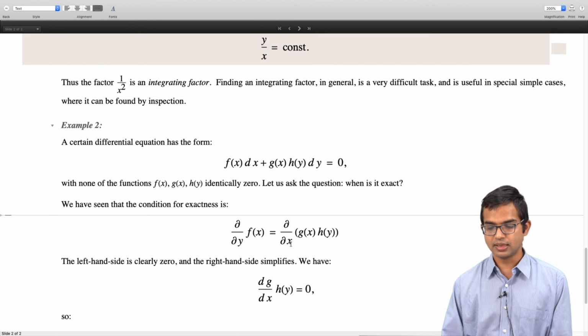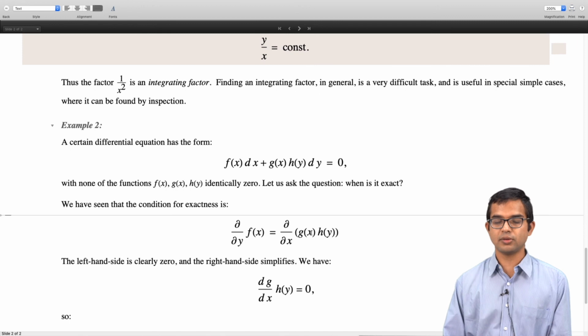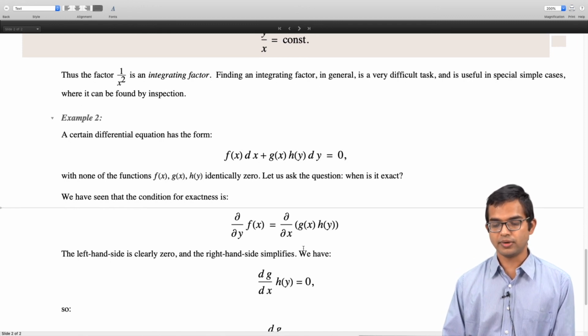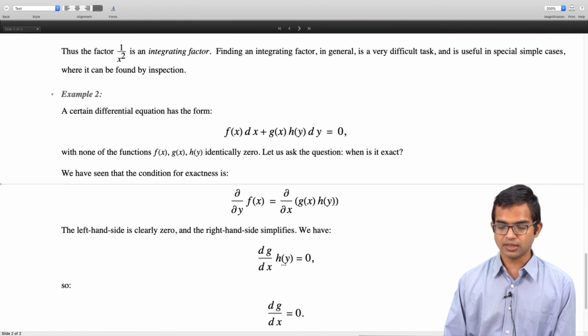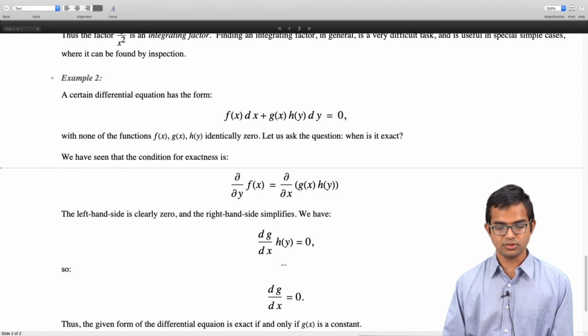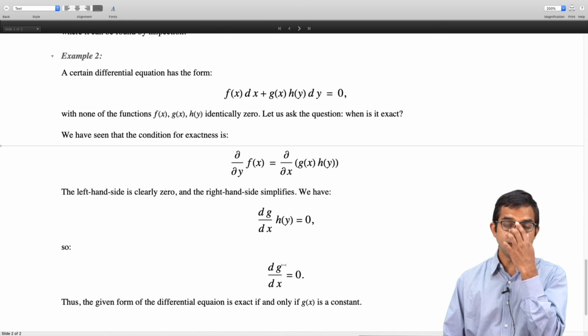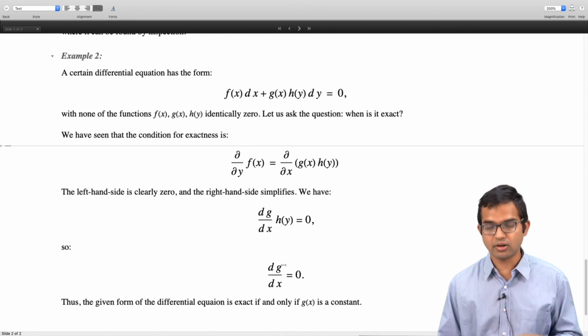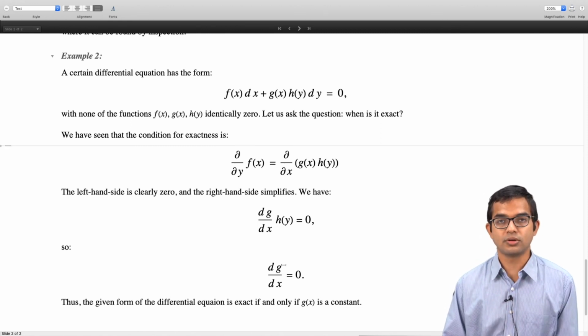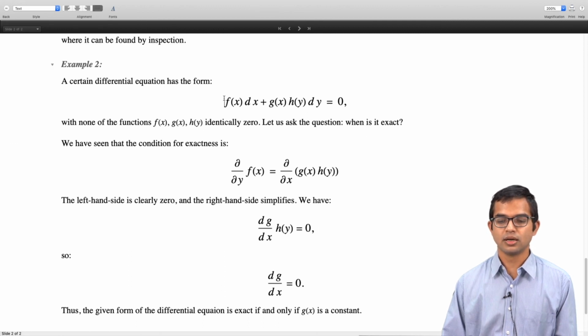This implies that the right hand side must be equal to 0, which you can write as dg/dx times h of y equal to 0. Now h of y itself cannot be 0 because that's given in the question, and therefore dg/dx equals 0. So this equation is exact only if g is a constant. It cannot have any more non-trivial dependence on x. If it's a constant, then this overall differential equation will be exact, right?